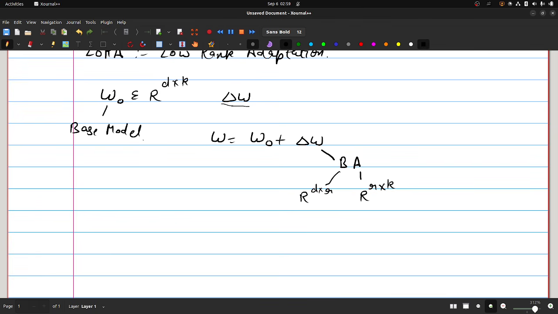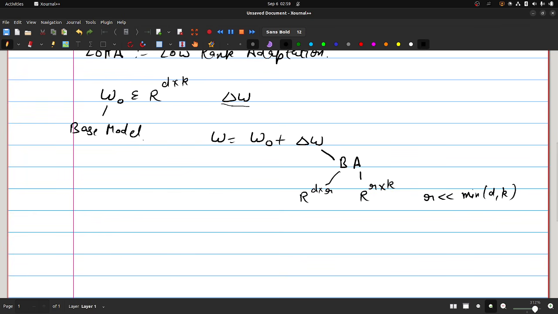In general, r is much less than the minimum of d and k. Suppose your d and k are of the order of 1000, so r can be of the order of, let's say, 10 at most.